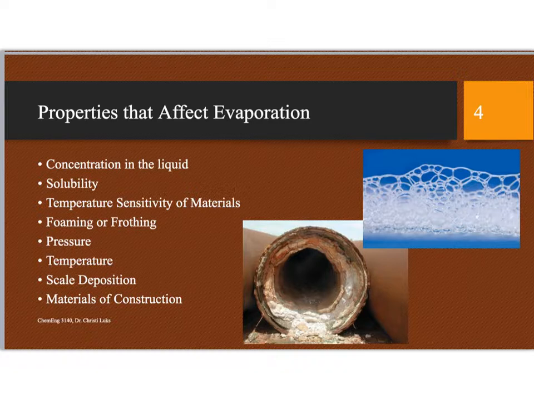What pressure or temperature are you operating at? Is there any scale deposition that's happening? That will change the properties of your heat transfer. And what materials are used for the evaporation equipment? Metals are going to transfer heat better than plastics, for instance.